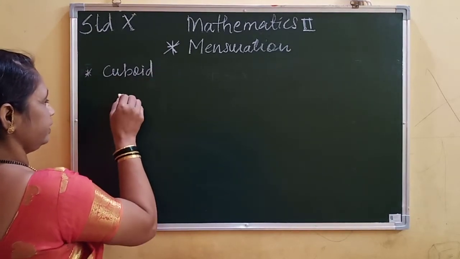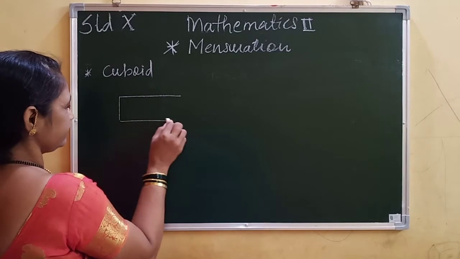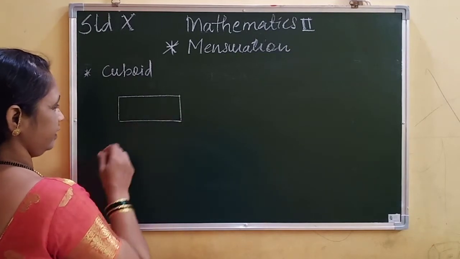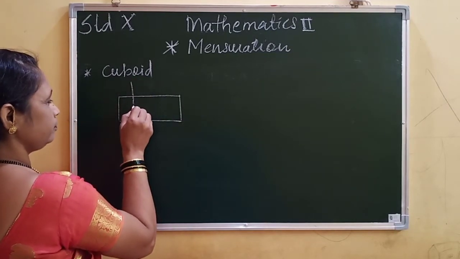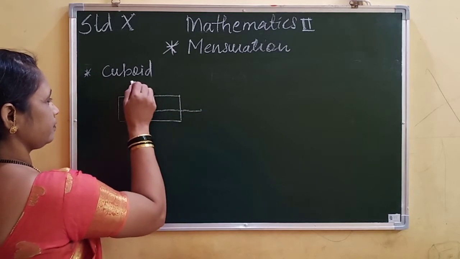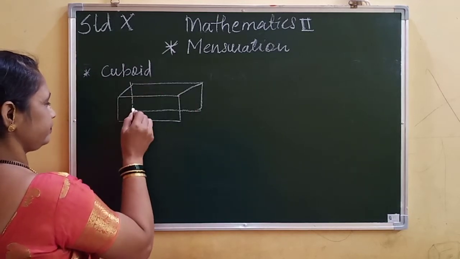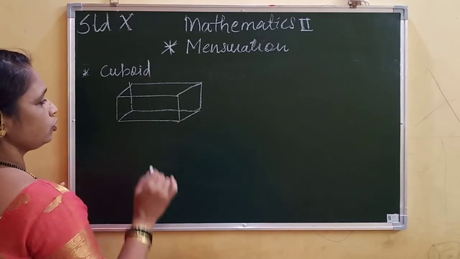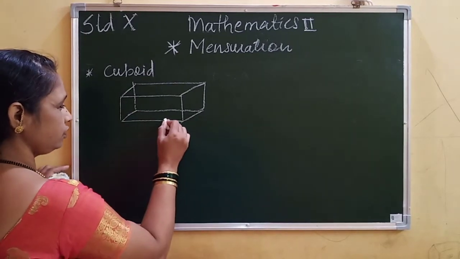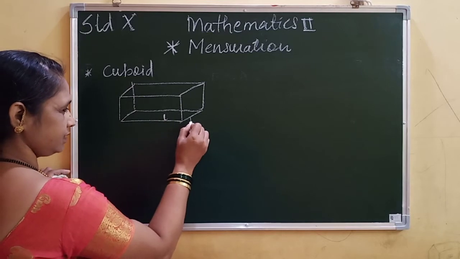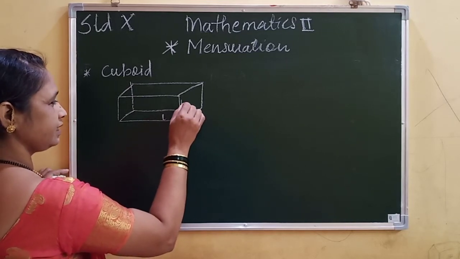Cuboid, its length and breadth are equal. Okay, so this cuboid, it has this length, this breadth, and this is height.